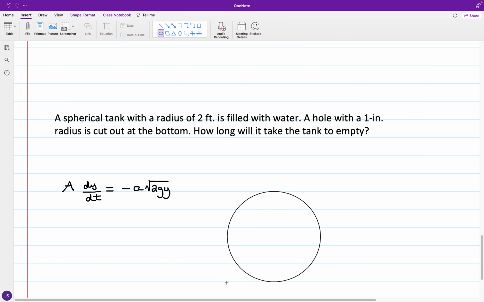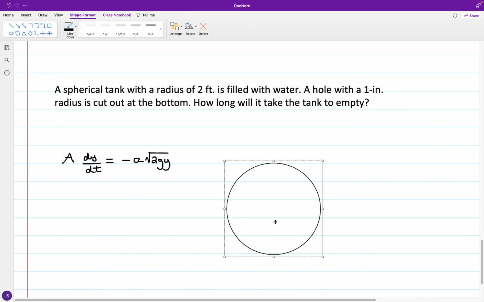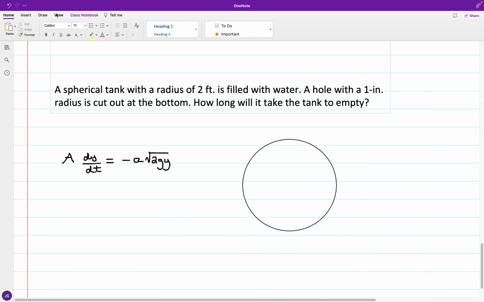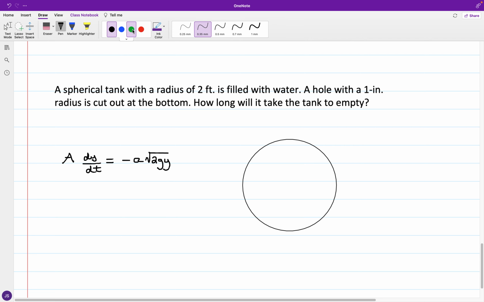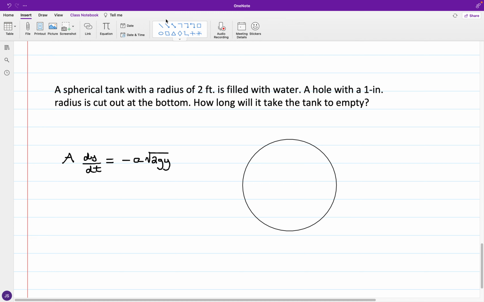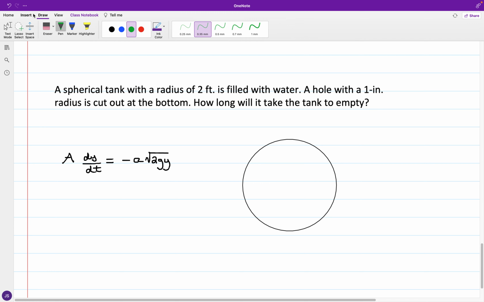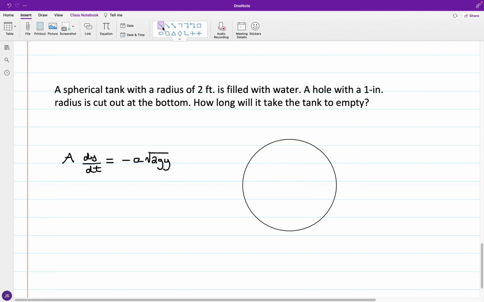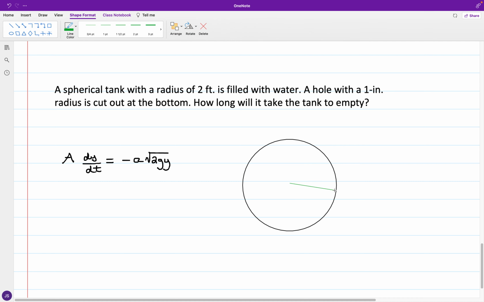the representation of the spherical tank itself. Again, the tank itself is going to have a radius of 2 feet. I'm just going to put a couple of marks here.